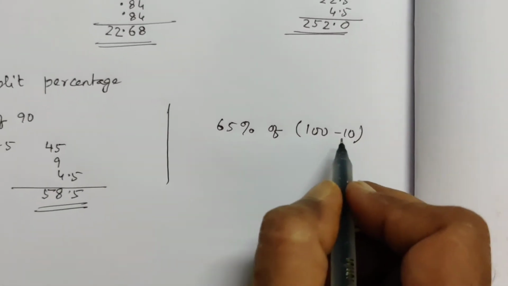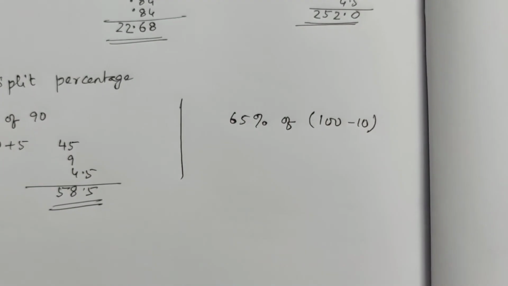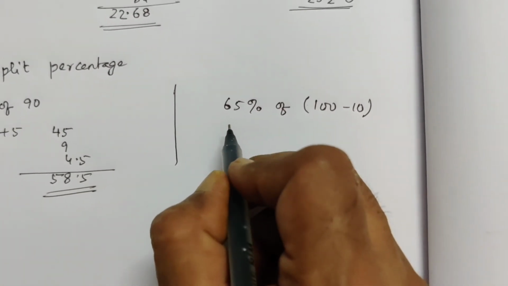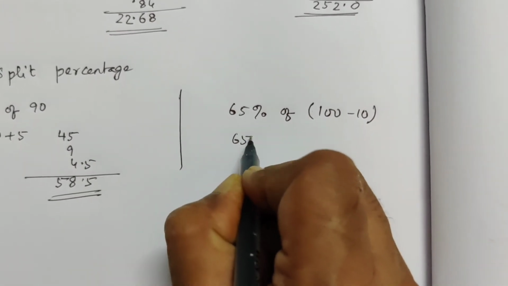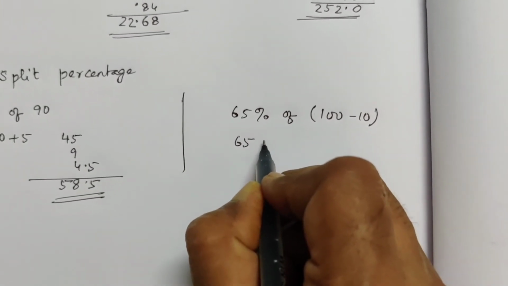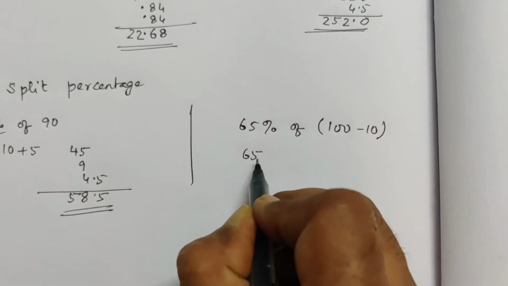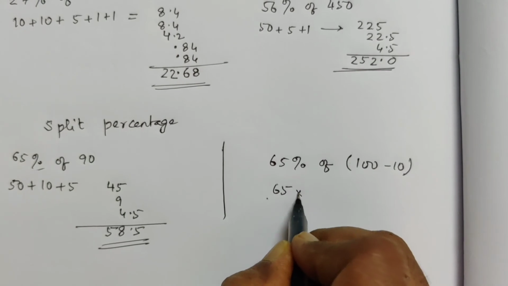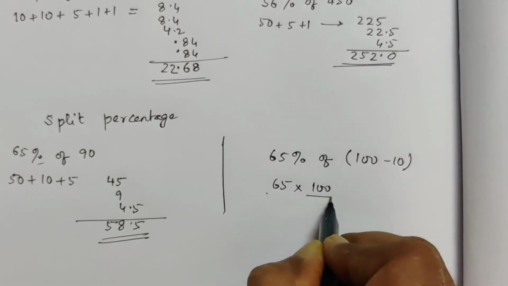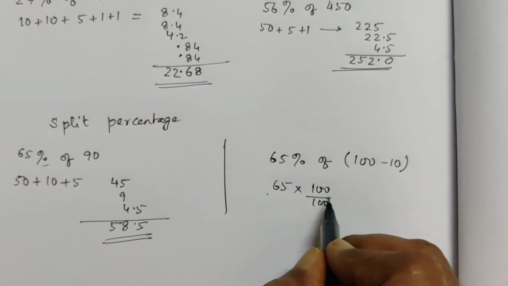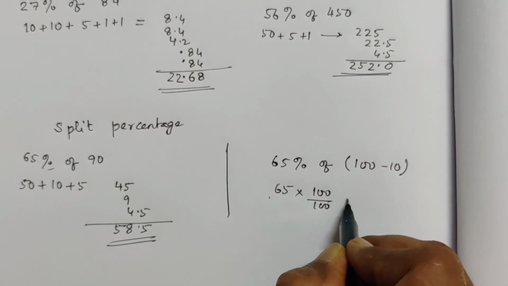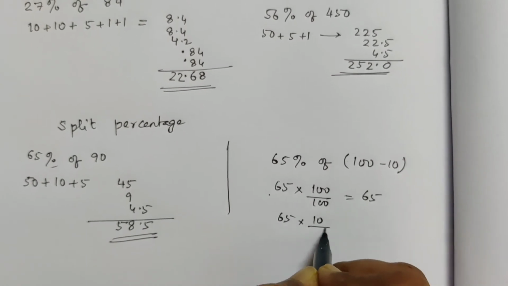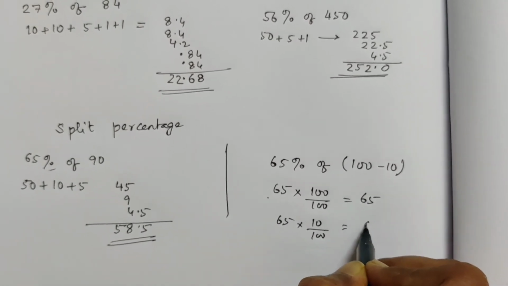Now we are going to split this way: 65% of 100 minus 10. If we do it this way, how? 65 into 100%, that means 65 into 1, that is 65, and then 65 into 10%, that means 6.5.